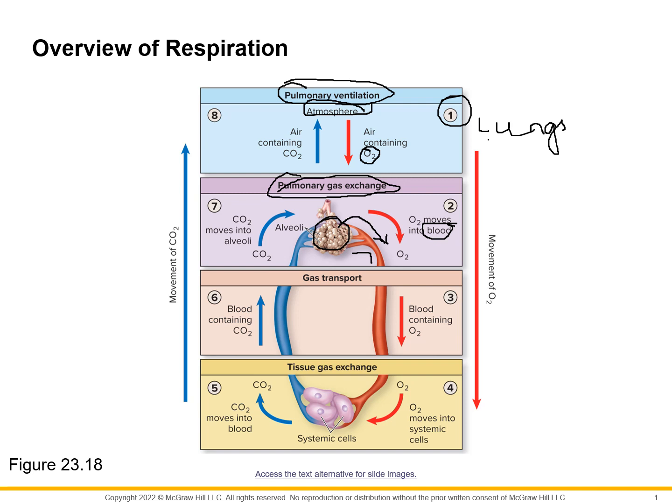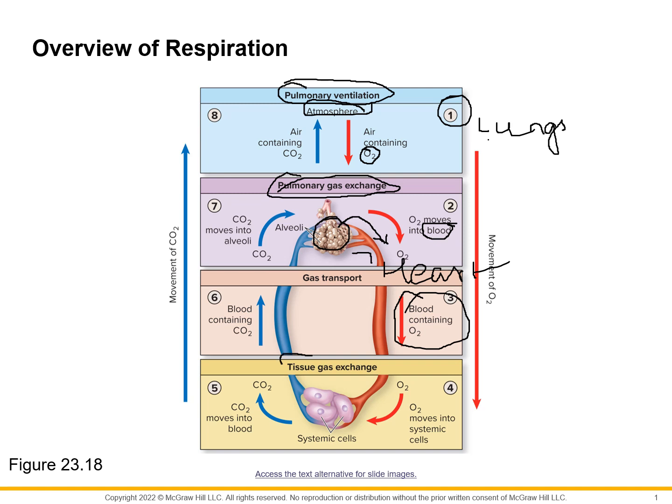Now let's say here is where the heart is. So from the heart, blood containing oxygen gas is pumped all through the body, right? So it goes everywhere in your body, to your skin, to your brain, to every tissue in the body.